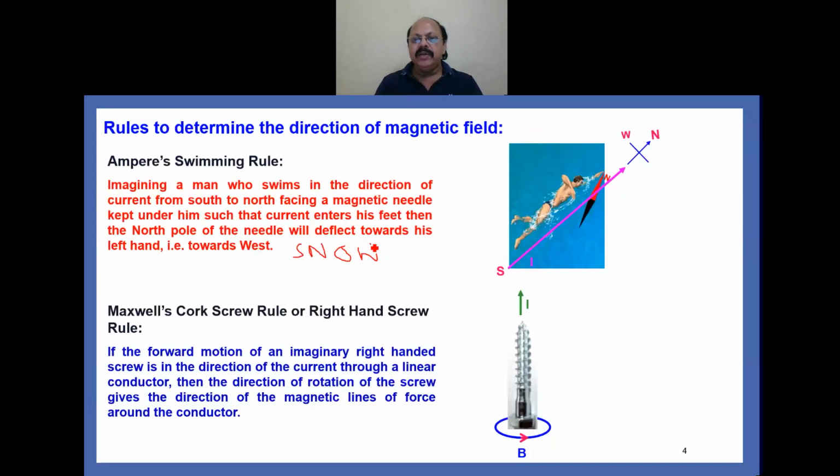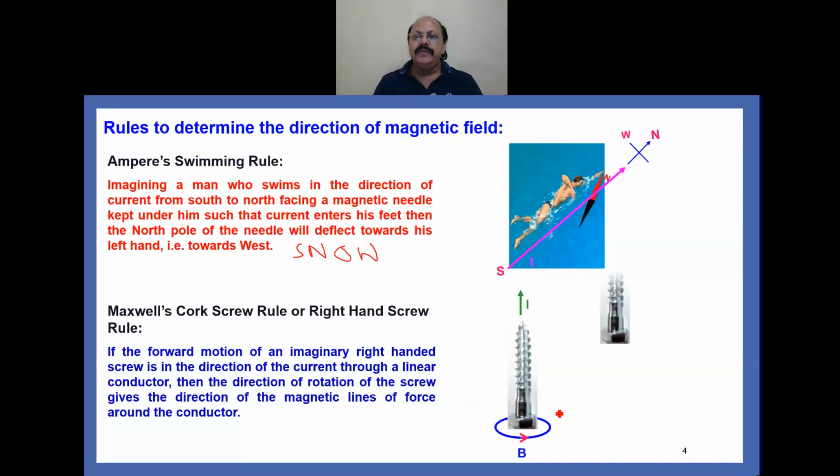So here you can see that the screw is moving in the forward direction and the current is also in the same direction. Then the direction of rotation of the screw gives the direction of magnetic field lines, which you can see here with this blue circle, and the direction of magnetic field is represented by the red arrow.